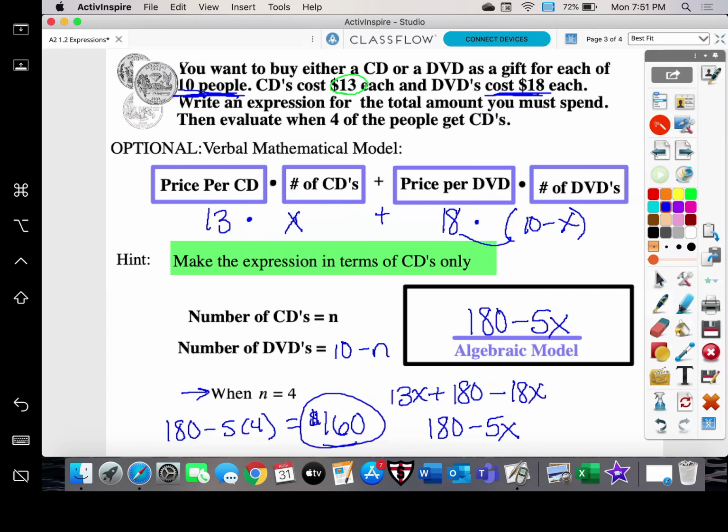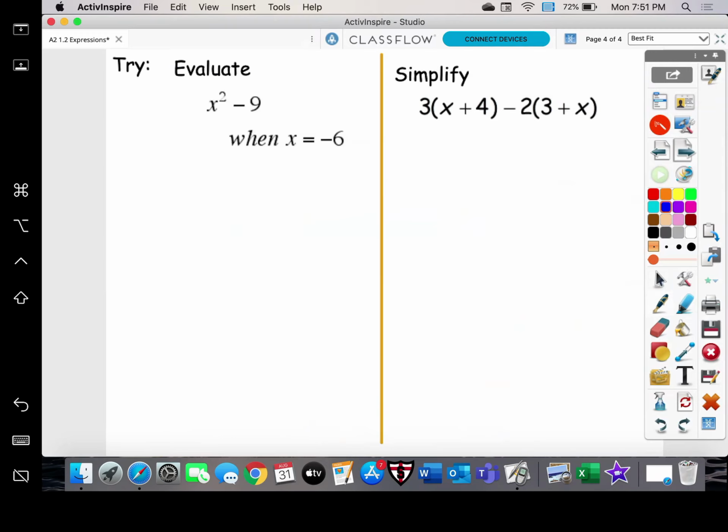All right. These verbal models that we started with tend to make word problems a little bit easier if you're one of the people that doesn't really love them so much. All right, here's a couple just so you can check to make sure that you understand what's going on. So I would pause the video and then I'll come back with all of the answers and you can see how you did.